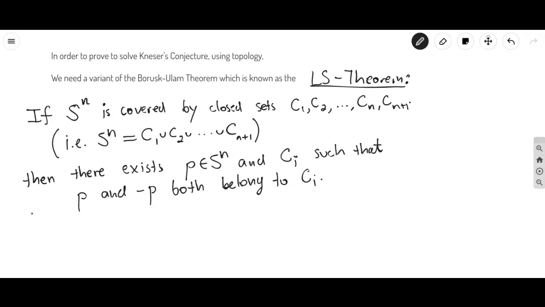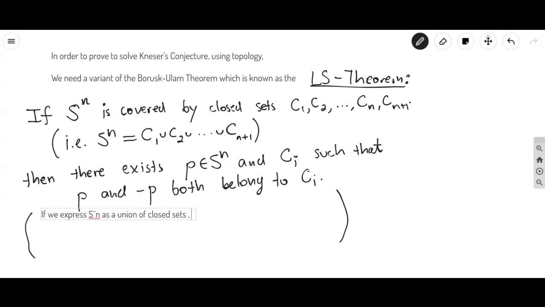So to put it very simply, what we're saying is if we express Sn, the n-dimensional sphere, as a union of closed subsets, right? Those closed sets could be overlapping. That's fine. We do not really care about that.